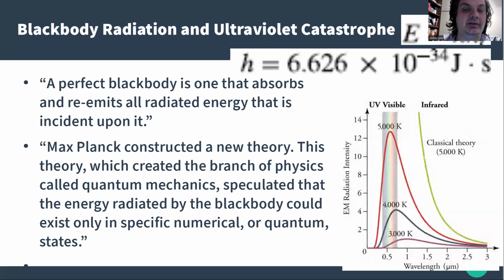This theory, which created the branch called quantum mechanics, speculated that the energy radiated by the black body could exist only in specific numerical or quantum states, where E is equal to some integer n, so 1, 2, 3, 4, 5, up until however many particles are in the material, times some constant times the frequency.